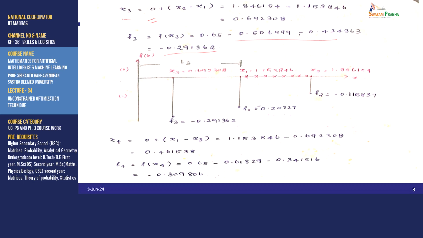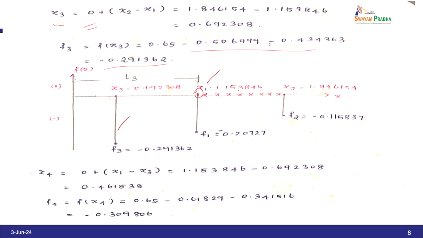Now, you take f1, f2, f3. The f1 point is here, the f3 point is here, that is x1 equal to 1.538 is here, and compare this. 1.84861 will come here, and x3 is 0.692 is here.